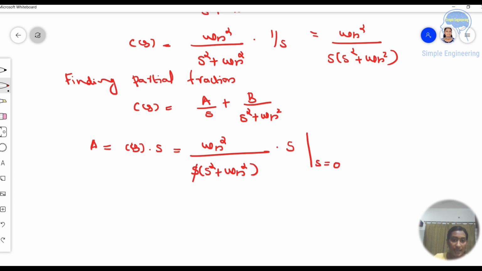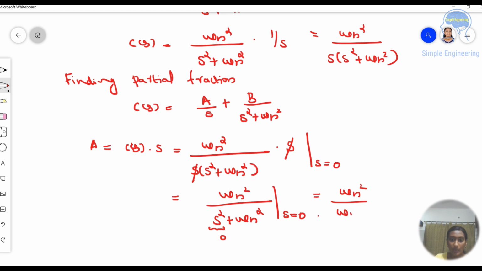This S and this S will get cancelled. So you will get omega n square / (S square + omega n square) at S equal to 0, so S square will become 0. The final answer is omega n square / omega n square, which is equal to 1. So the value of A is equal to 1.